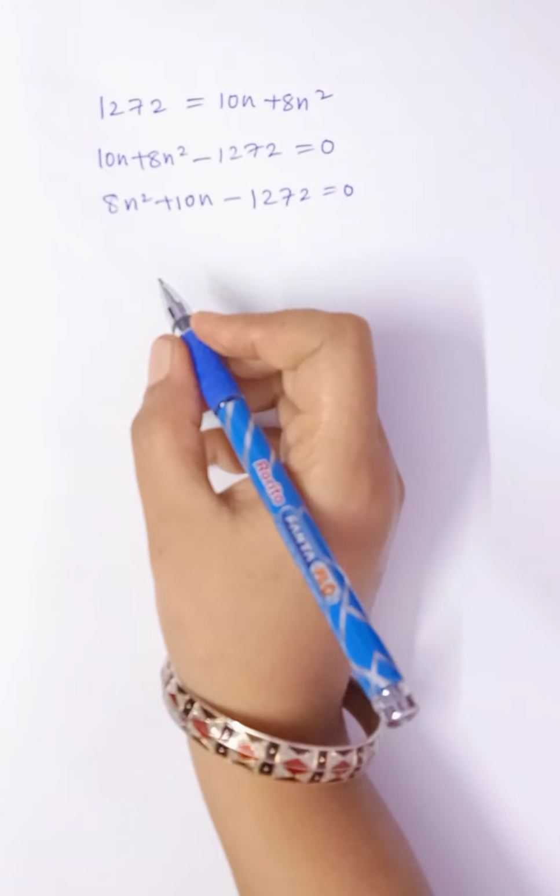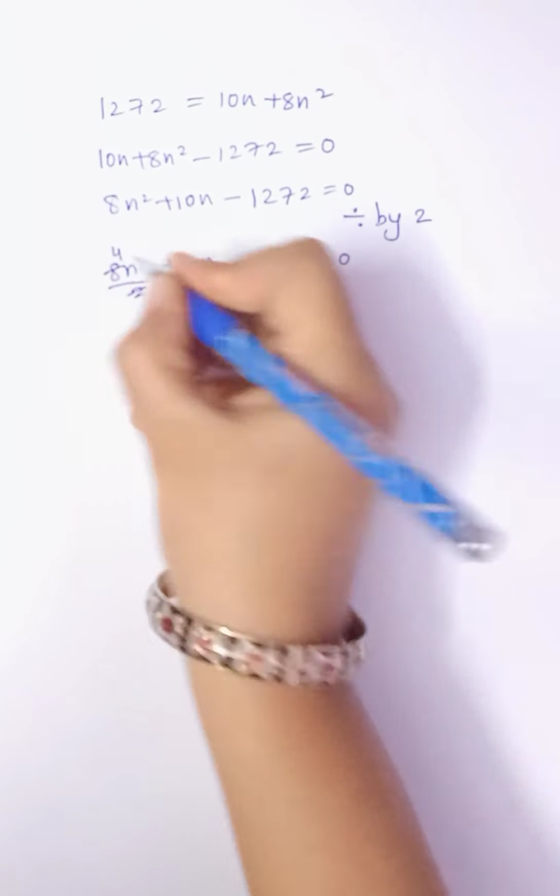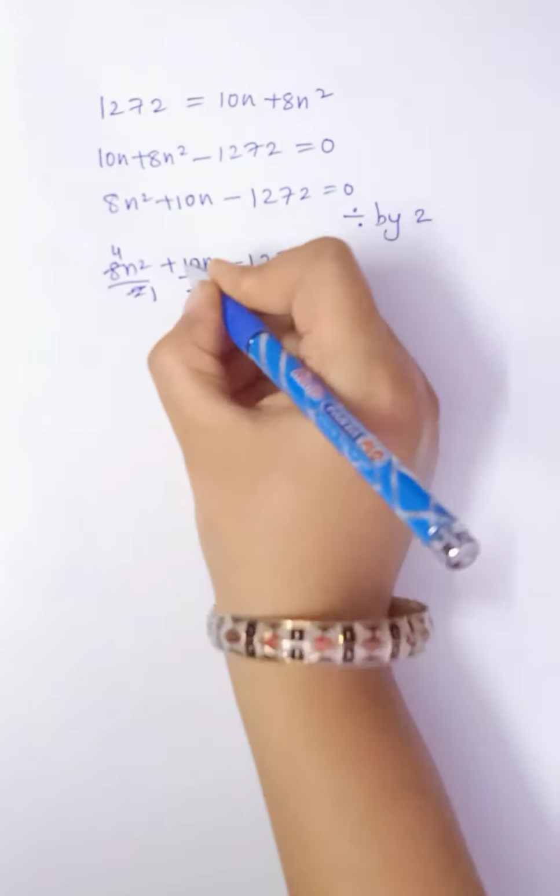So I am going to divide it by 2: 8n square divided by 2, plus 10n divided by 2, minus 1272 divided by 2, equal to 0. So 2 fours are 8, 2 fives are 10, and 2 sixes are 12, 2 ones are 2, 2 sixes are 12.